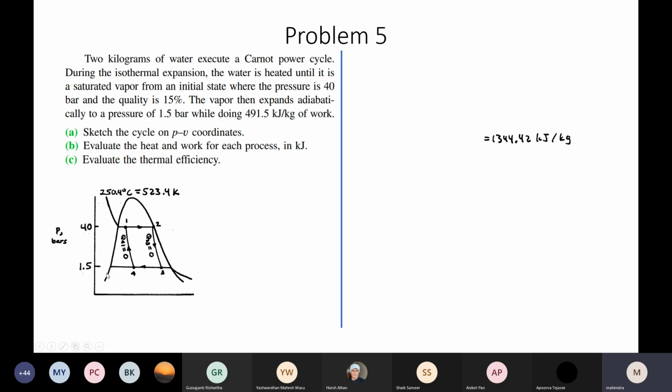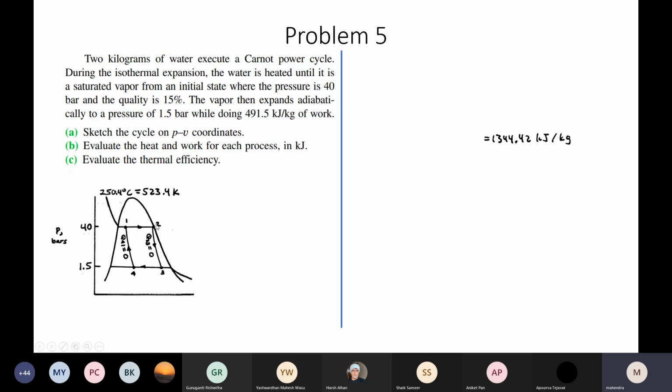That is highly difficult. Since here we are going just up to the saturation stage, whenever you are expanding in the turbine, the moisture content is very high. But that is not desirable.